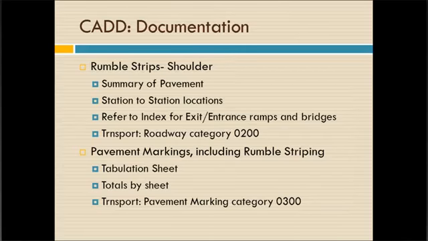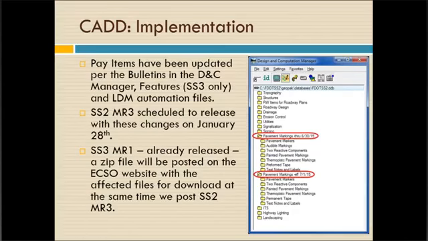But the rumble striping is to be documented on your tab sheets, like the rest of the markings, and totaled by sheet. And when you calculate those with the DNC, or you input the quantities into Transport, they go into the 0-300 category, which is for your signing and pavement markings.